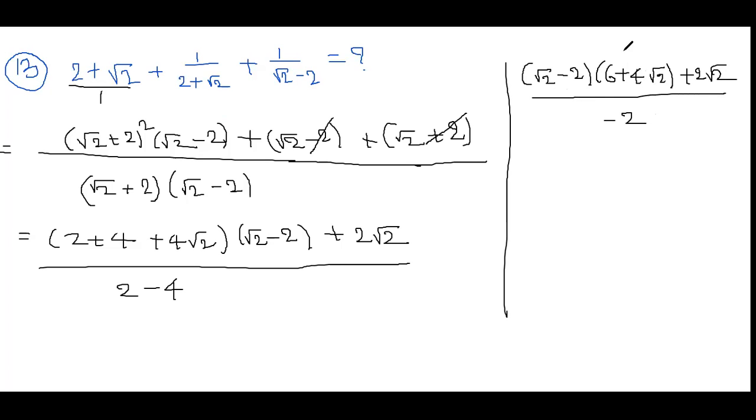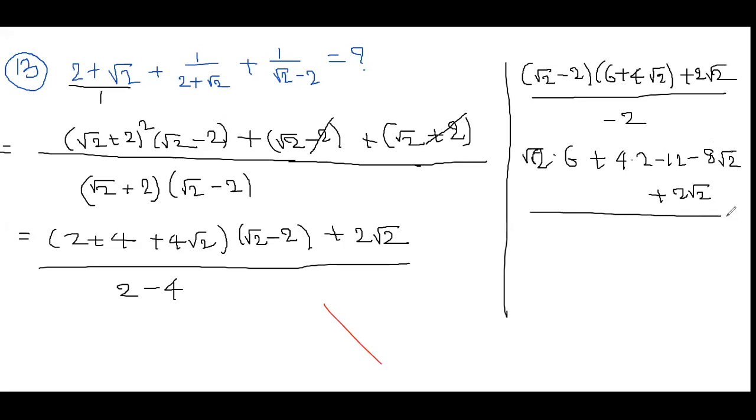Then apply root 2 into 6, that is 6 root 2, plus 4 into root 2 root 2, root 2 whole square that is 2, minus 12, minus 8 root 2, plus 2 root 2, and the whole divided by minus 2.